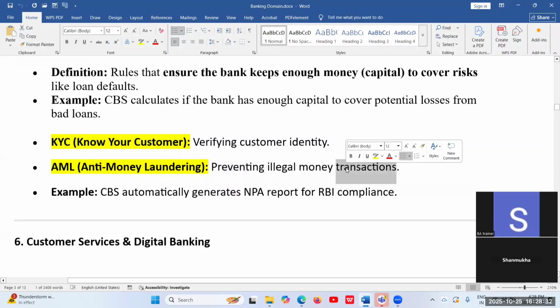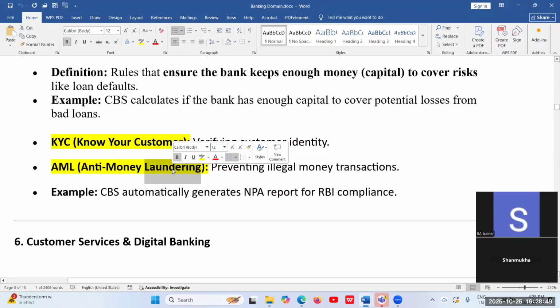So for example, converting white money to black money, obviously that is illegal. Obviously, the transaction is not a genuine one. It is like they converted genuine money into black money. So anti-money laundering means preventing the black money.